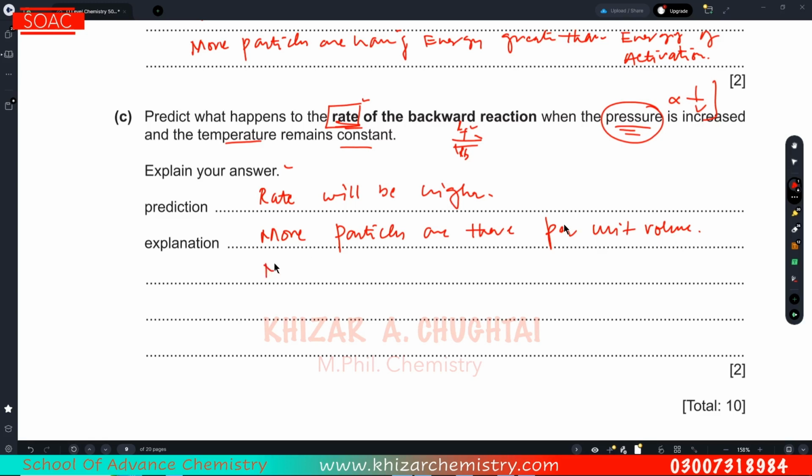And so more number of effective collisions per unit volume, per unit time. So ultimately the rate is higher.